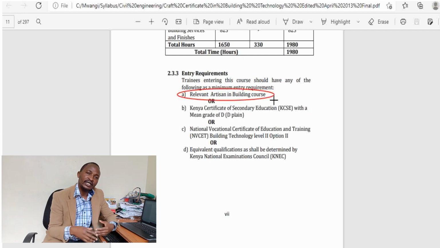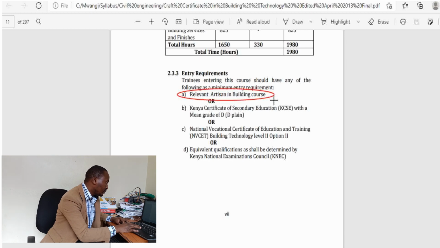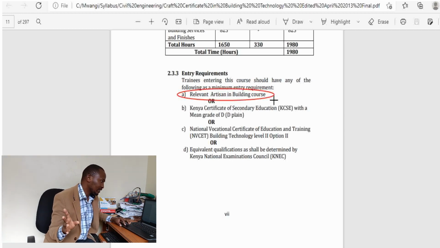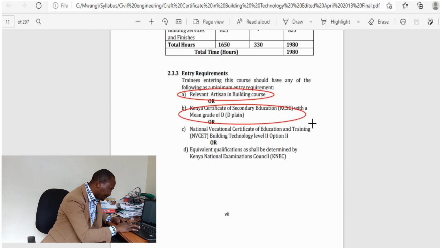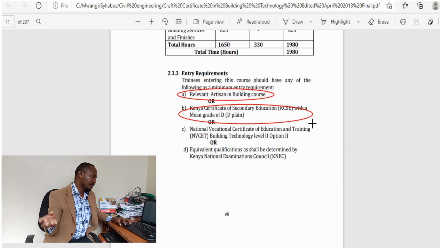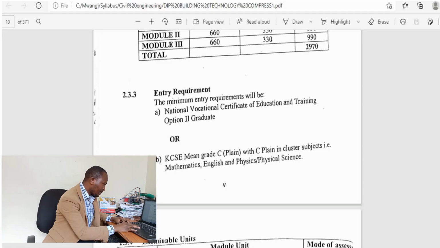If you scored an E or a D-, or you did not join high school and you only have your KCPE results, you can first of all pursue an artisan course in masonry or an artisan course in carpentry, and then with that qualification, you can enroll for a craft certificate course in building technology, or alternatively, if you scored a D+ in your Kenya Certificate of Secondary Education, you are eligible to join a craft certificate course in building technology. What if you want to join a diploma in building technology?